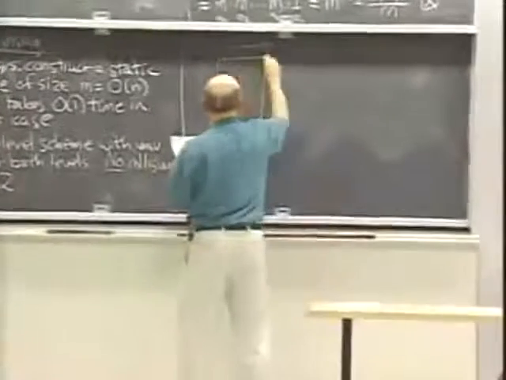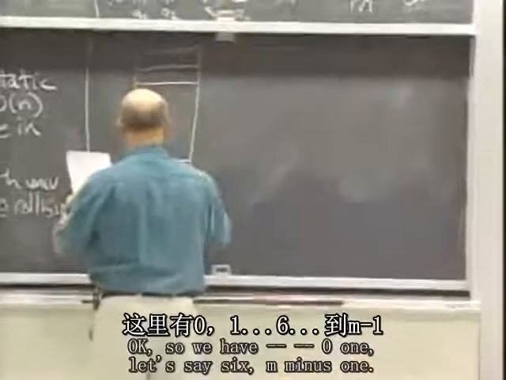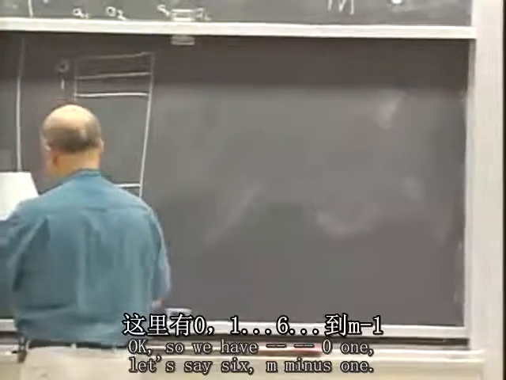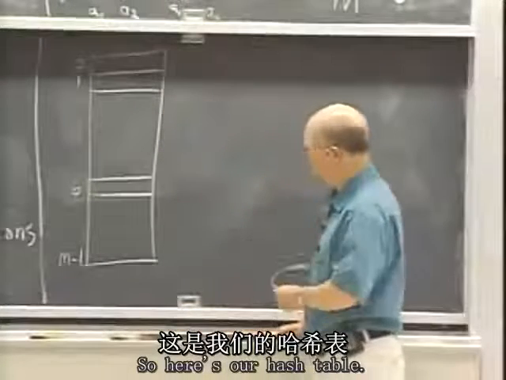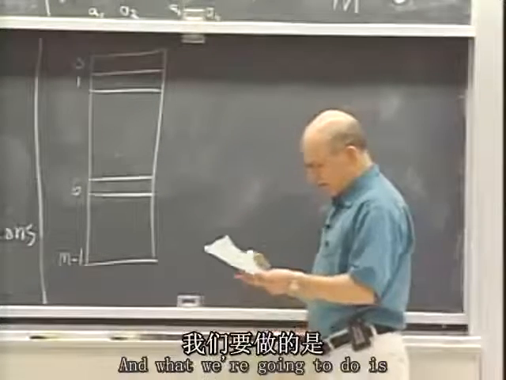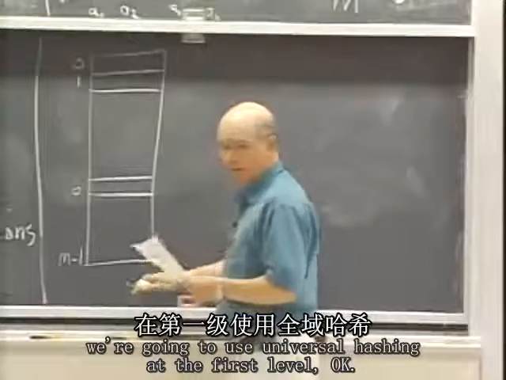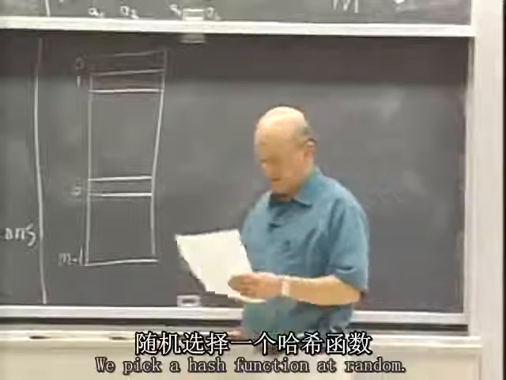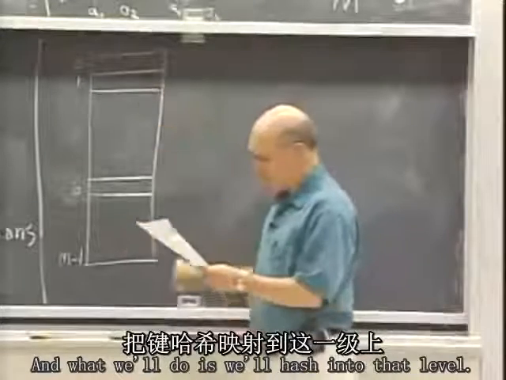So we have slots 0, 1, let's say 6, m minus 1. So here's our hash table. And what we're going to do is use universal hashing at the first level. So we find a universal hash function. We pick a hash function at random, and we'll hash into that level.